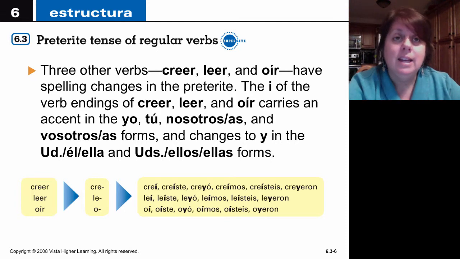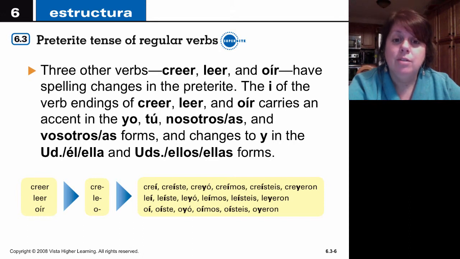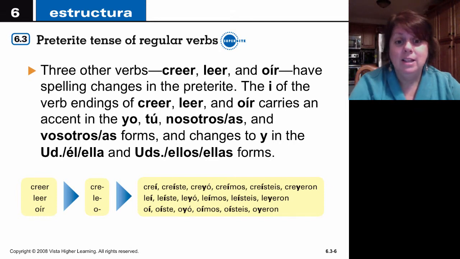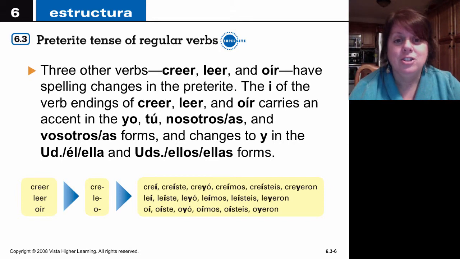So creí, creíste, creyó. That creyó changed to a Y before the O with an accent mark. Creímos, creísteis, creyeron, and that I changes to a Y in creyeron. The same thing is true of the other two verbs. So I want you to pause the video and write this down so you will remember and have a list of things that you have to memorize for spelling changes when you write or read in Spanish.